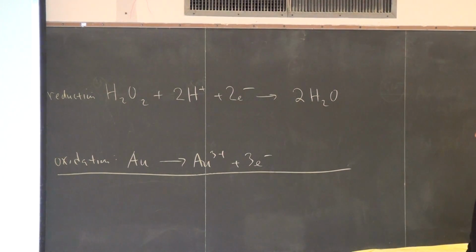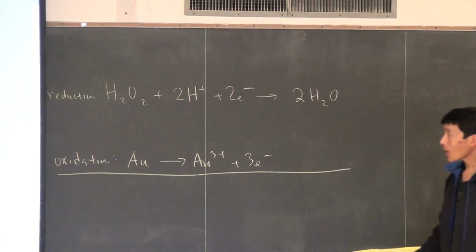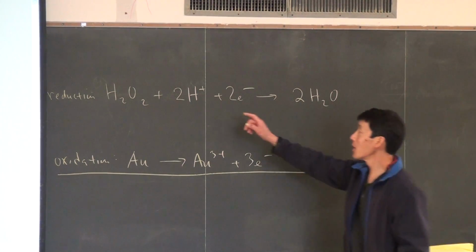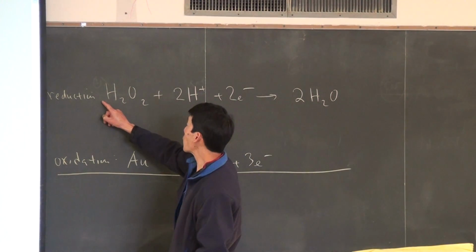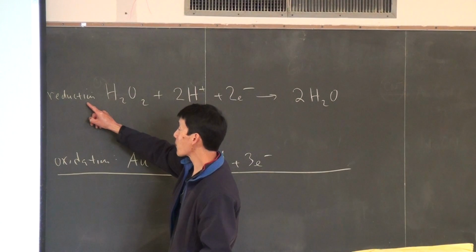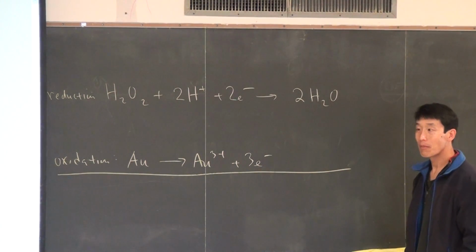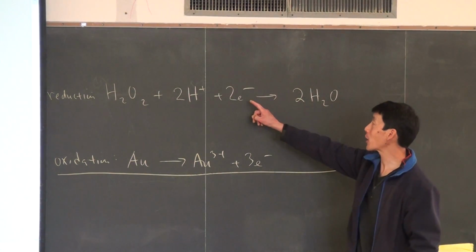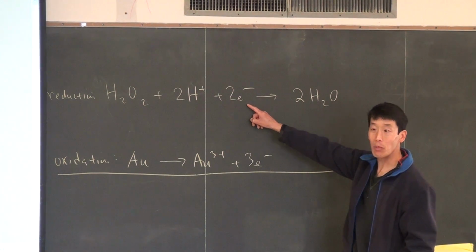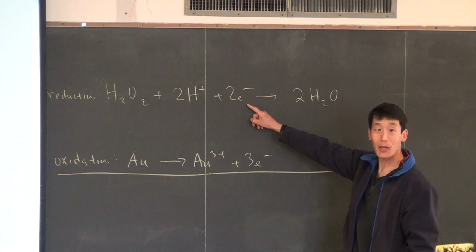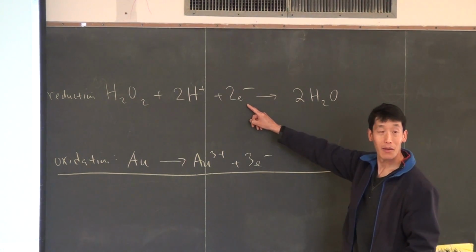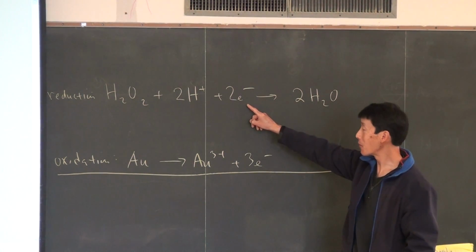But before we do that, note that in an oxidation reduction reaction, the H2O2, which gains electrons, where does it gain them from? If it's gaining 2 electrons, it's getting them from the gold.